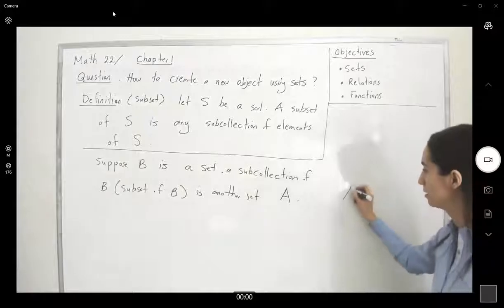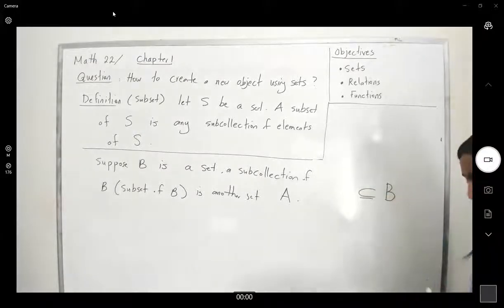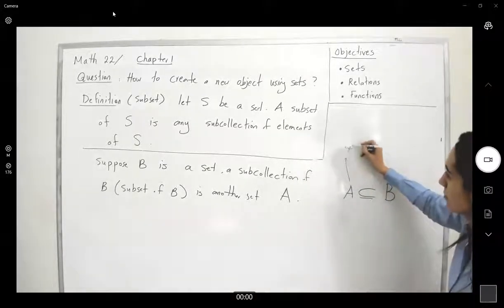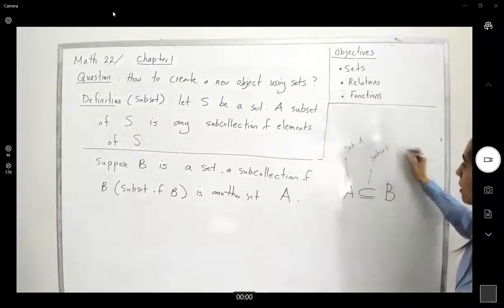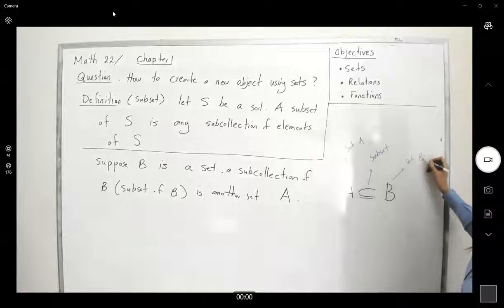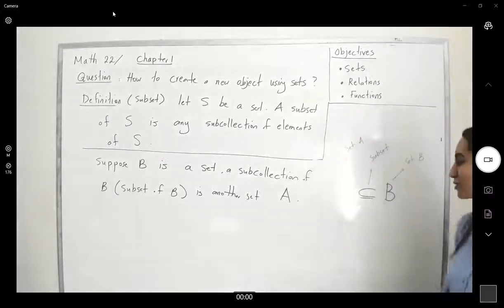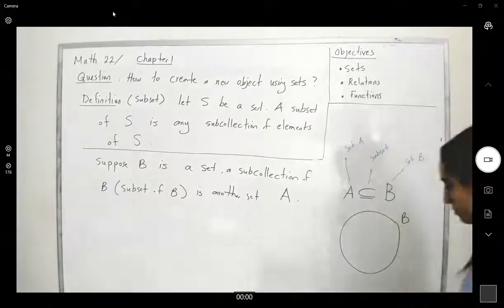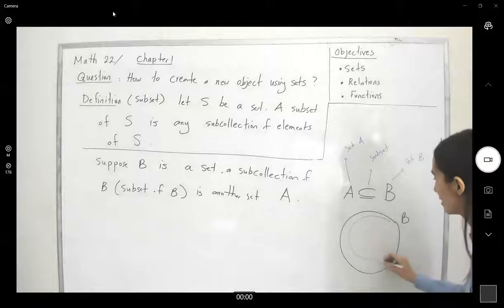We say A is a subset of B. So set A is a subset or subcollection of set B. We can use a Venn diagram to represent it this way. This is your bigger set, set B, and this is the smaller set. There's a possibility of these two sets being equal to each other.